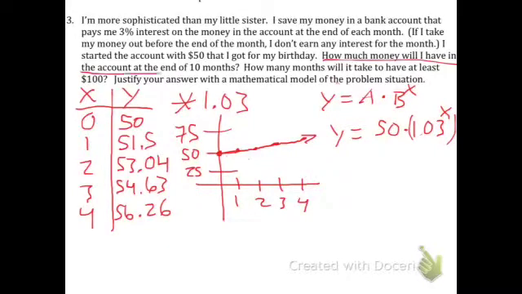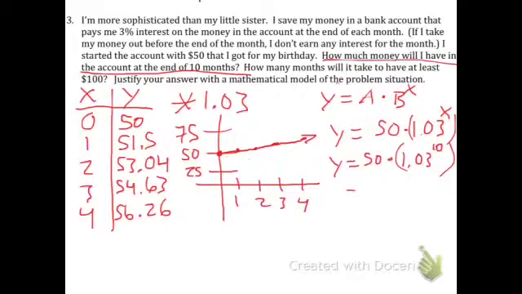Alright, so now we got that, we can really answer these questions here. First one, how much money will I have in the account at the end of 10 months? Well, you just take your equation and you plug in 10 for x. Remember exponents first, so do 1.03 to the 10th power, which is going to be a long decimal, and then you'll times that by 50.